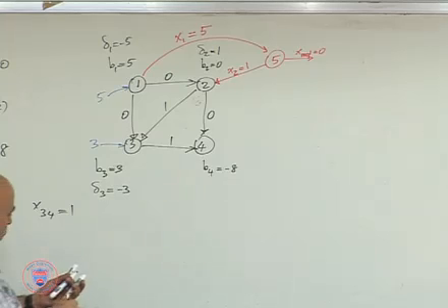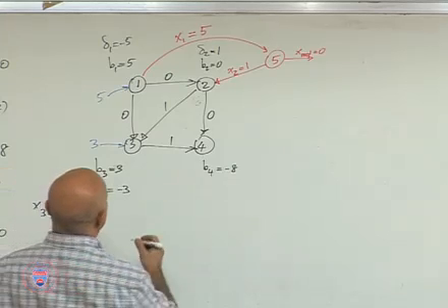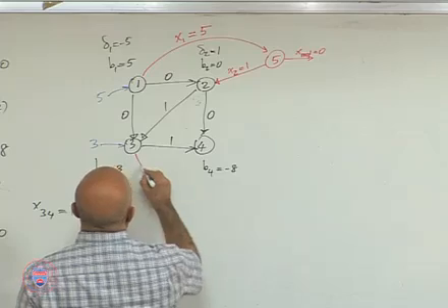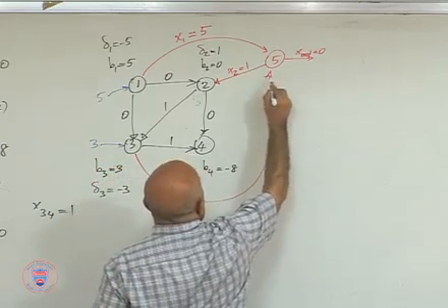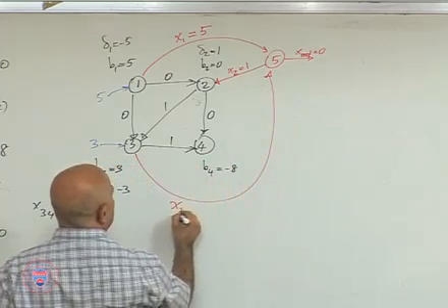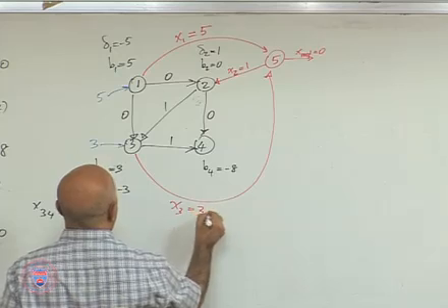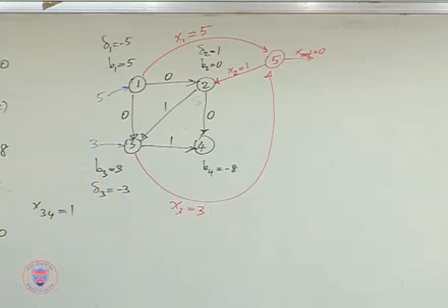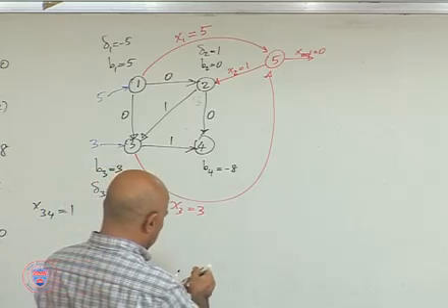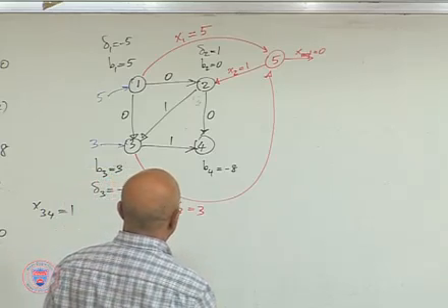Which means I have to have an arc of this kind. x3 is equal to 3. So you're just making everything balanced. That's all you're doing. It looks a little bit too much work. Nevertheless, it's really a simple idea.